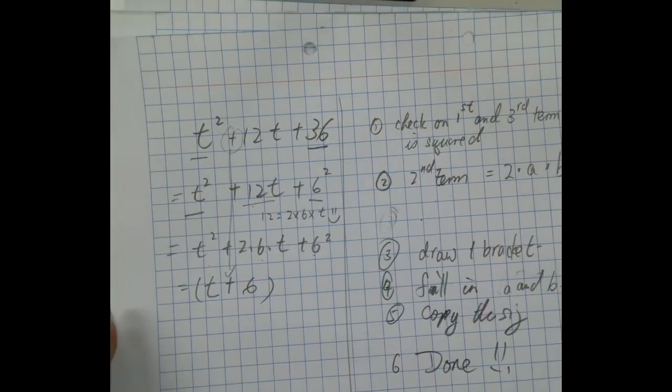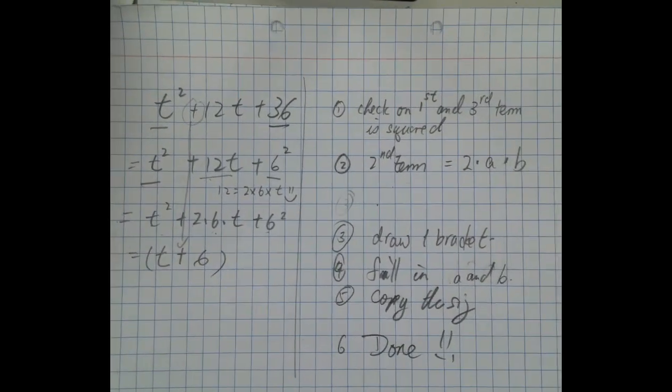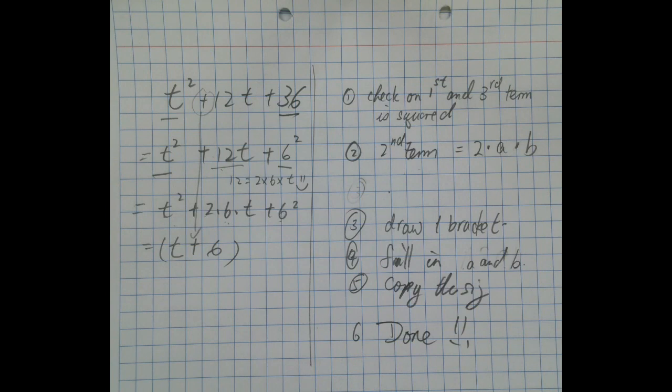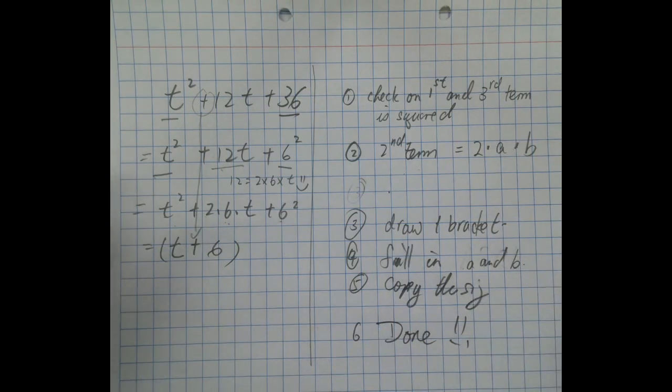So let me move a bit. If you want to take a screenshot, it is the time now. Now we're going to do a harder one. You're going to see we might sometimes need to factorize a bit first before you can use the difference of 2 squares.